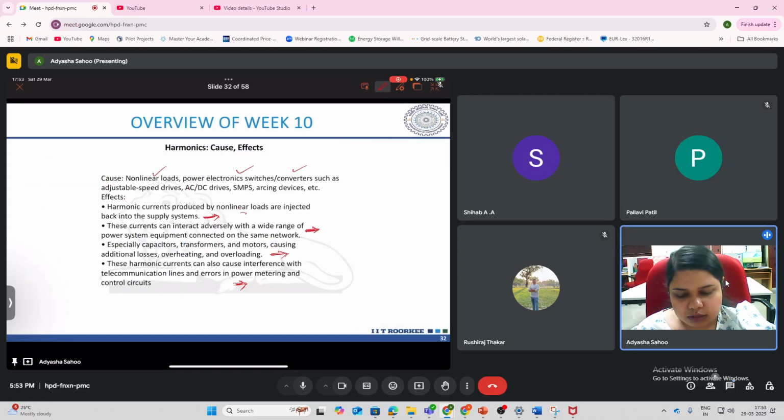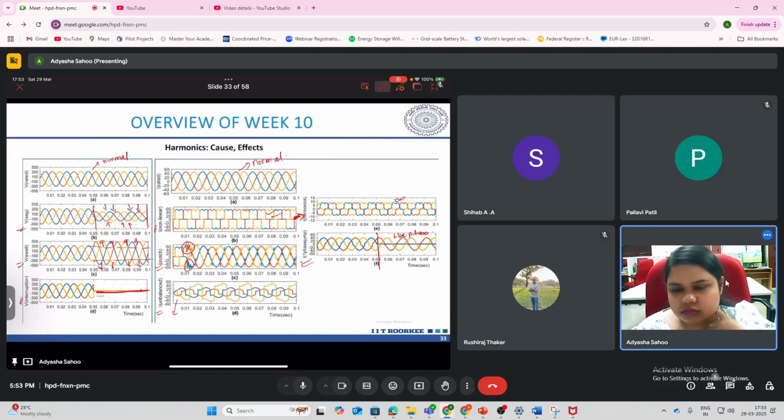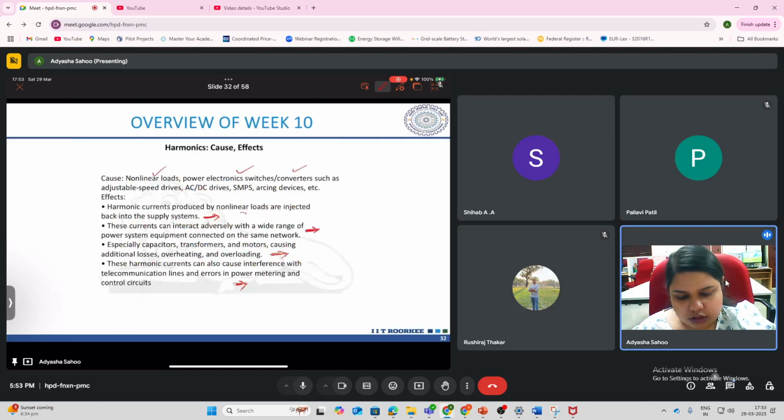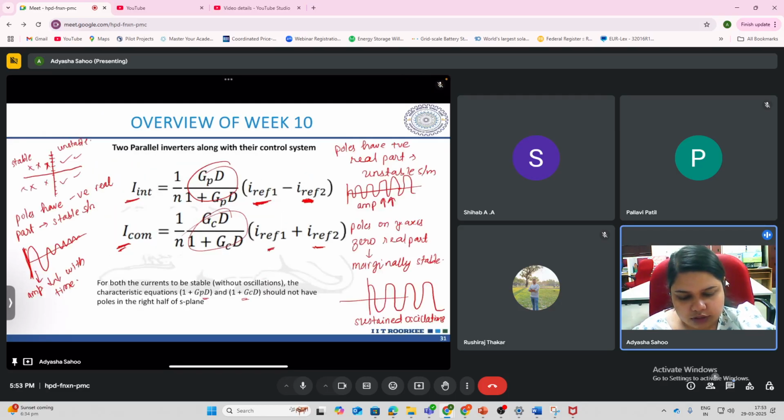So that can be considered a type of abnormal current being injected. To filter those out, you set the I reference, basically I ref 1 and I ref 2, if you have two inverters. We set them in such a way, using filters and all, that this interactive part goes to 0 and we only have the I common which flows to the grid.